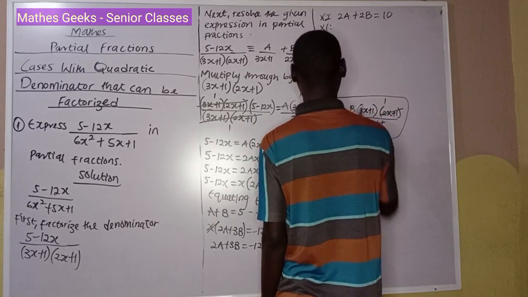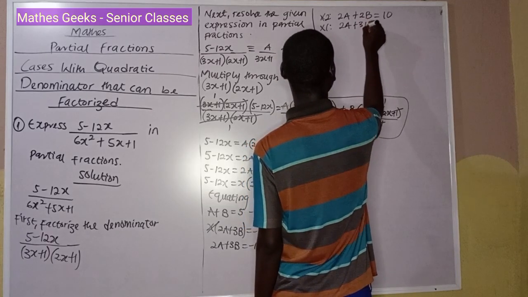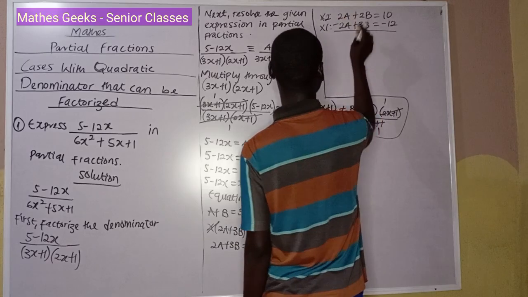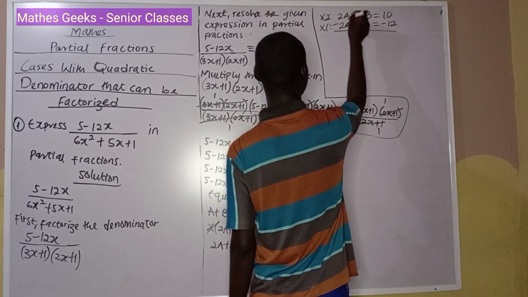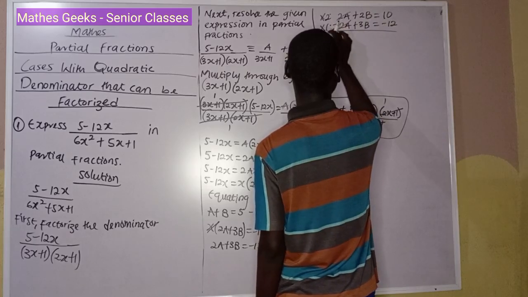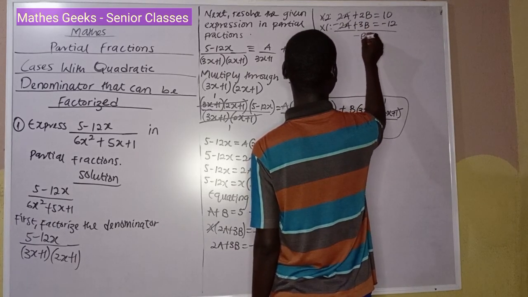Equation 2 will be 2A plus 3B is equal to minus 12. Then I will subtract. So 2A minus 2A will give me 0, so I eliminate A. And then 2B minus 3B will be minus B.